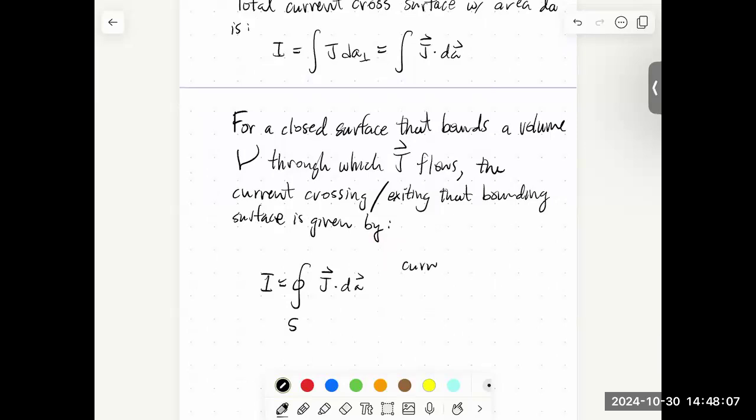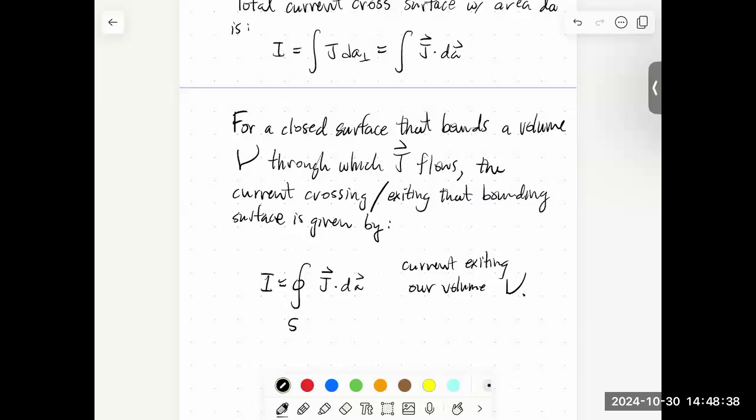So that's the current exiting our volume. Okay, when you see something like this, it should start ringing bells and alarms. What can we use when we have a surface integral with a dot product and we have a closed surface? No, it's not Gauss's law. You're right.